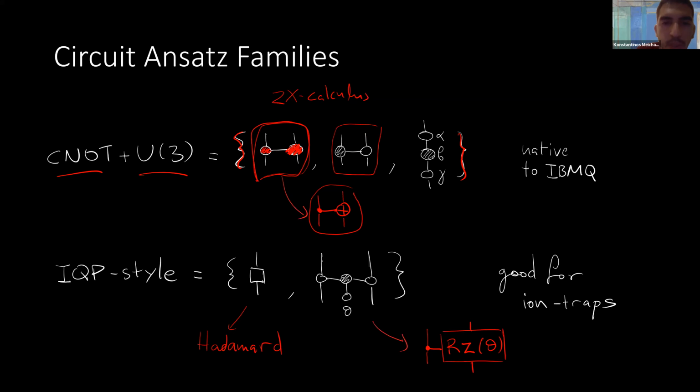So for example, if the control is 0, the target gets an identity, nothing happens to it. If the control is 1, then the target qubit is flipped. This is the same, but I've switched control and target. And this is the generic single qubit rotation. So these are the three Euler angles, alpha, beta, gamma, that can hit a qubit and rotate it around the Bloch sphere.